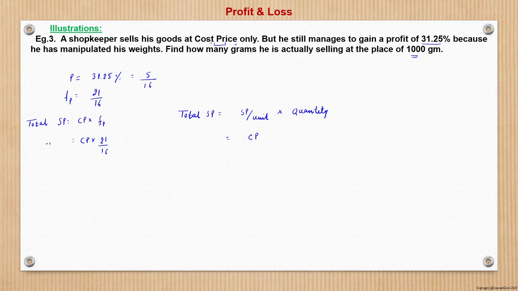SP per unit is nothing but CP per unit, into quantity, right? Total SP. So now see what happens here. This is again going to be a generic approach only, and in the second half I will solve with the multiplication factor. So here, this is CP per unit, total CP.